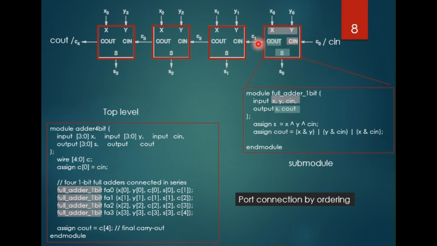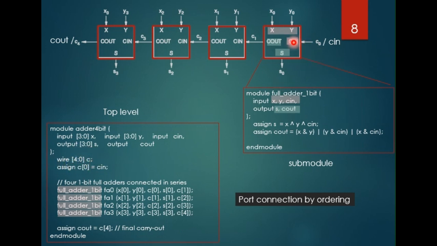C1 is the carry-in of the second adder, C2 is the carry-in of the third adder, and so on. C1 is also the carry out of the first adder, C2 is the carry out of the second adder, and so on. So the carries can be declared in vector form, from bit 0 to bit 4. We use wire, declare a 5-bit vector, and name it C.